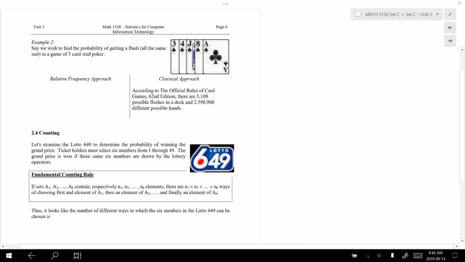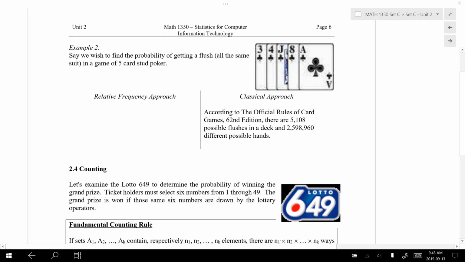All right, let's wrap this up with one more example here. Maybe we're using these playing cards, and we're interested in getting what we can call a flush. That would mean all the same suit. So this particular hand here is a flush. It's got all clubs.